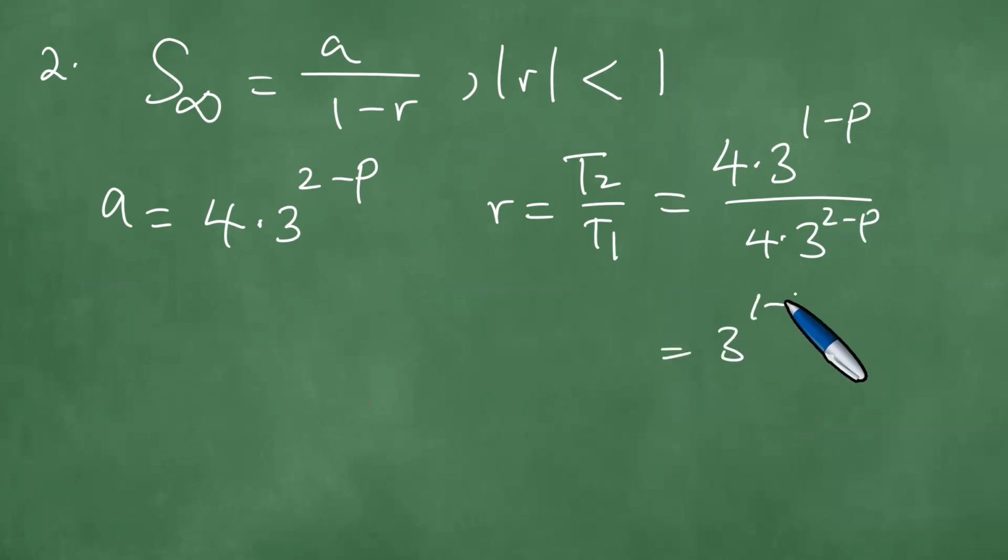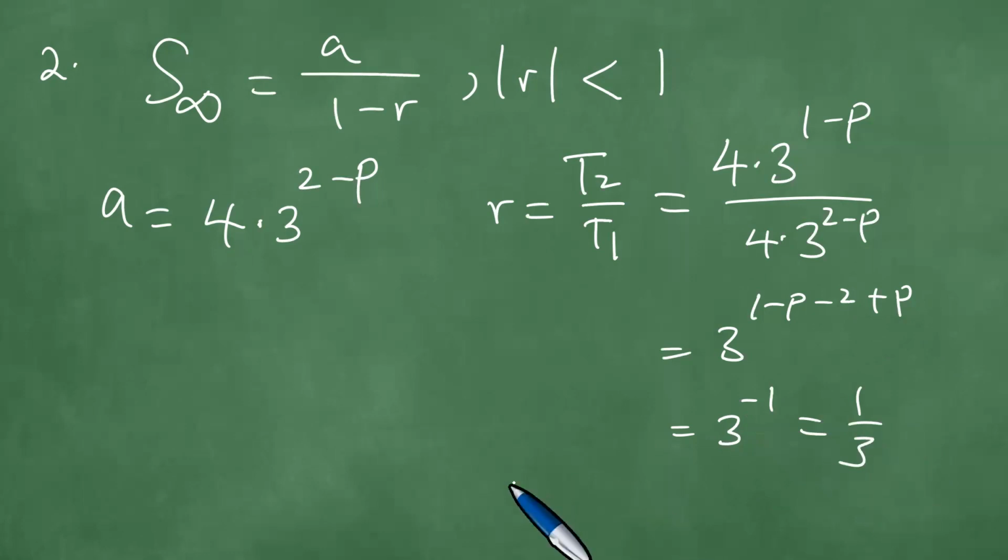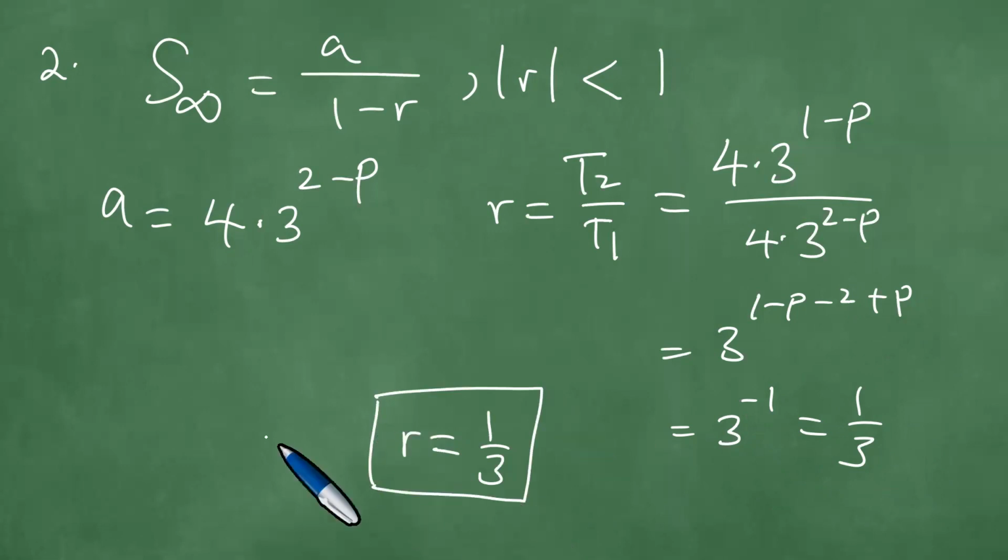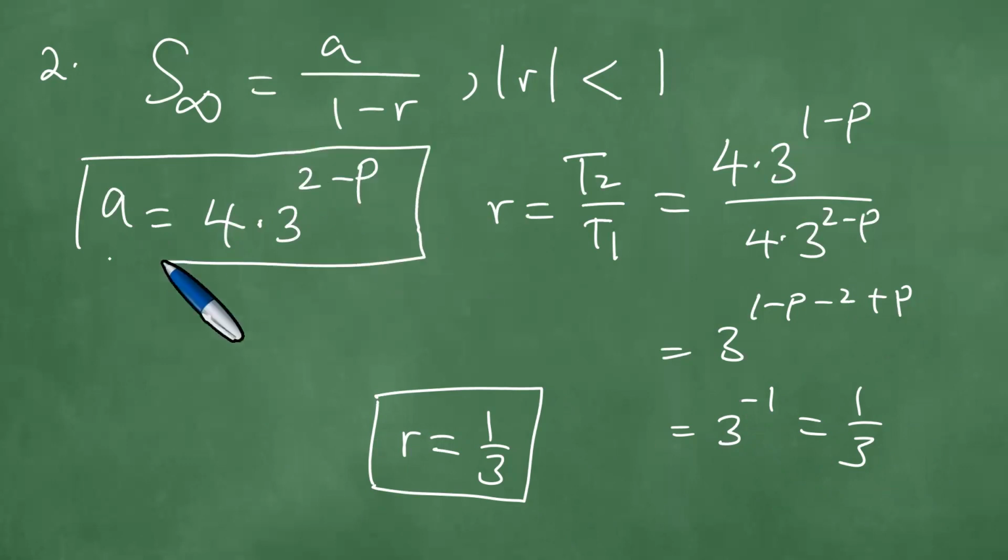We have 3 to the power 1 minus p minus 2 plus p, which is exactly minus 1, and therefore it is 1 over 3. So our constant ratio R is 1/3, and our first term is exactly this one here.